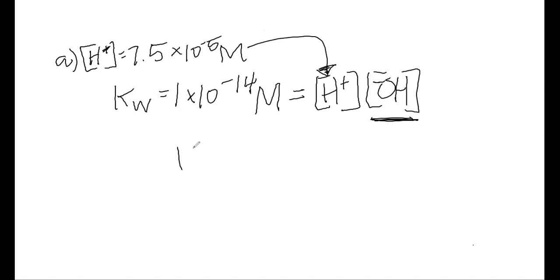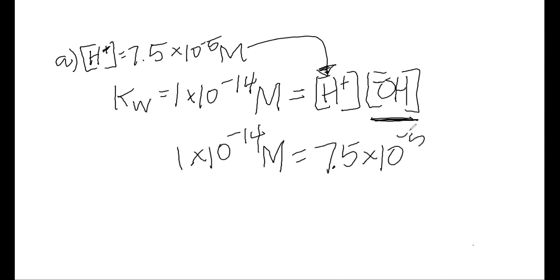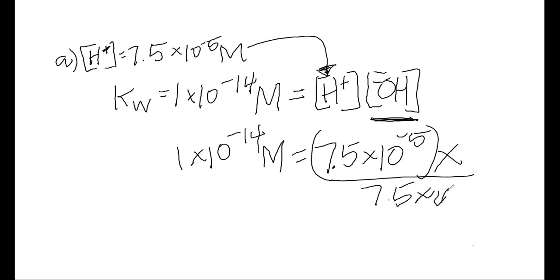So 1 times 10 to the negative 14th equals 7.5 times 10 to the negative fifth times X, where we abbreviate the OH as X. Divide both sides by 7.5 times 10 to the negative fifth.